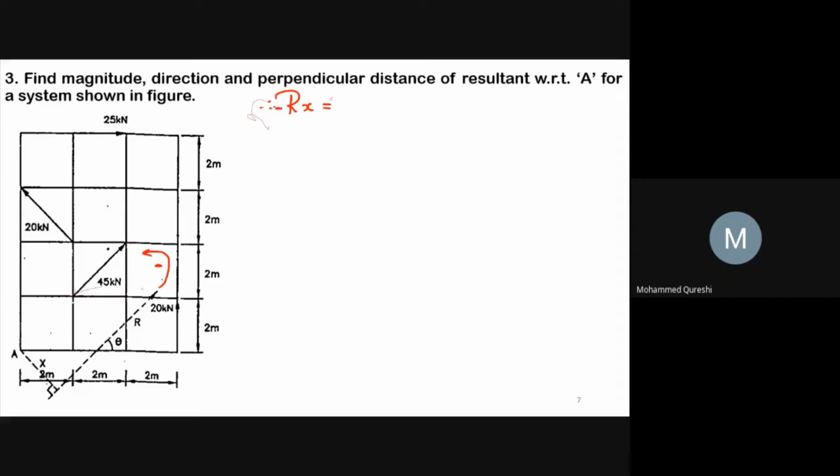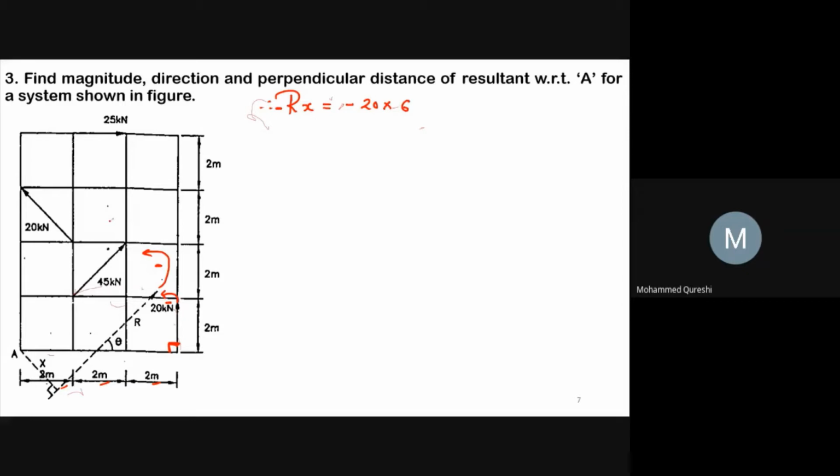So minus Rx equals your first force, that is 20. This 20 will move towards point A in anticlockwise direction, hence minus 20 into the perpendicular distance of this force with respect to point A. So 2 plus 2 plus 2, that is 6. So minus 20 into 6.